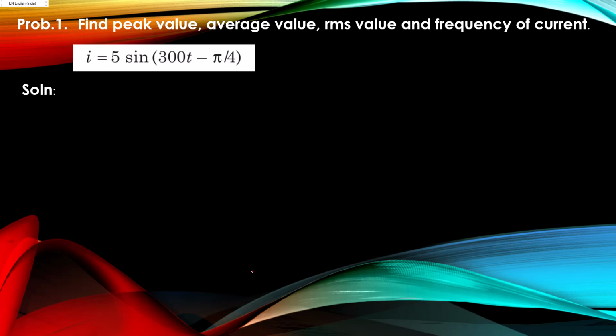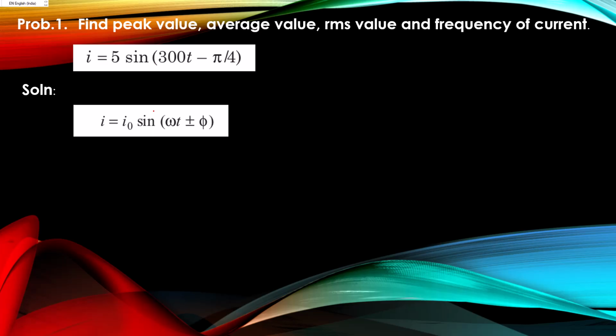Now let us solve a problem to be more clear with peak value, RMS value, average value. Find the peak value, average value, RMS value and frequency of the current I equals 5 sin(300t minus pi by 4). For the solution, we compare with the standard equation I equals I0 sin(omega t plus or minus phi).